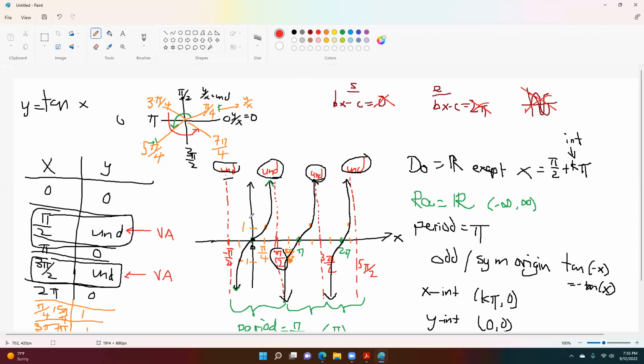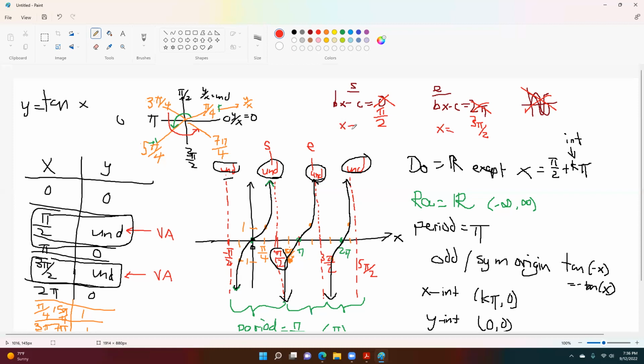So you can pick where the starting point is. If you want to start here, then it has to end on this side. So if you want to start with pi over 2, then you will say bx minus c equals pi over 2 is the start, and it will end at 3 pi over 2. And you will solve for x in this case.